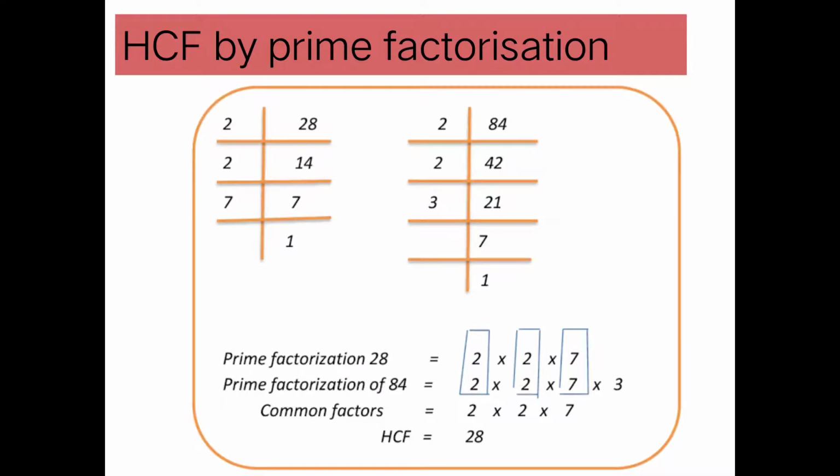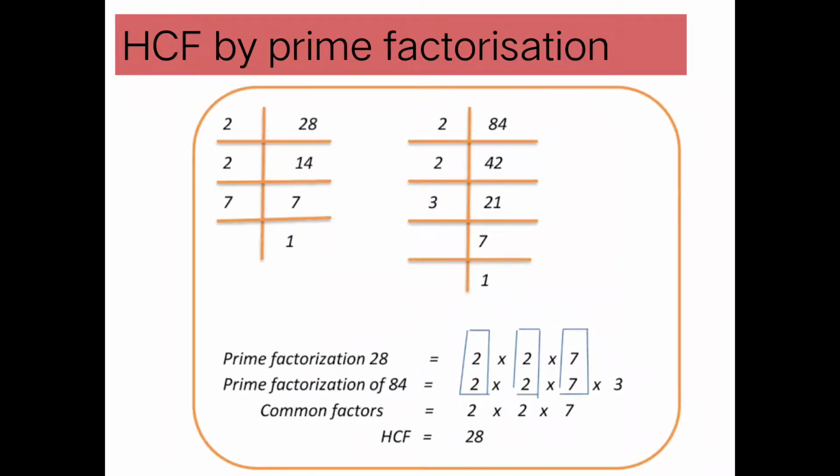Now we have to find the HCF, which means the highest common factor. You have to see which factors are common in both the numbers. Here 2 is common in both, so I am giving a box there. Again we have 2 in both the numbers, so I am giving a box there.